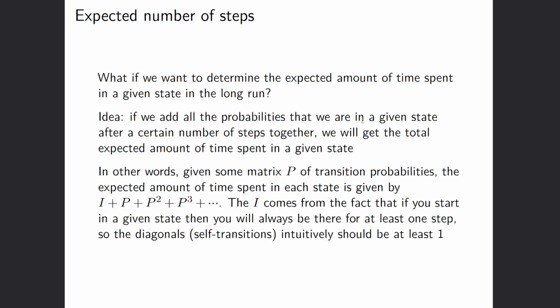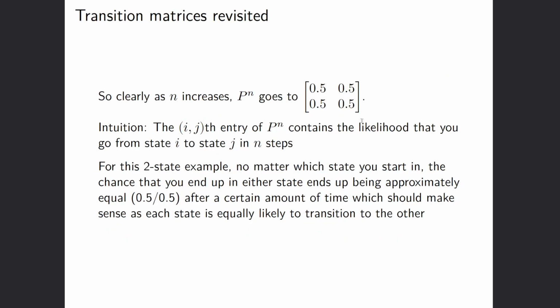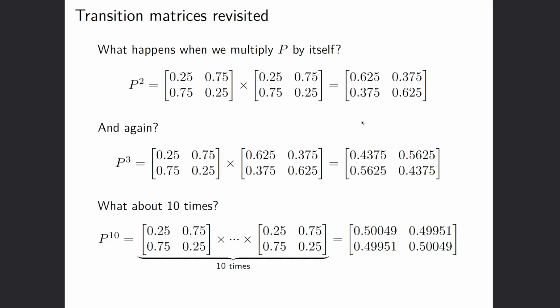So what about when we want to determine the expected amount of time spent in a given state in the long run? Maybe if we add up all the probabilities that we are in a given state after a certain number of steps, we'll get the total amount of expected time spent in that state. So if we have our matrix of transition probabilities, P from before, and we add these to each other, P plus P squared plus P cubed, and so on, then this maybe will give us the amount of time that we expect to spend in each of the states.